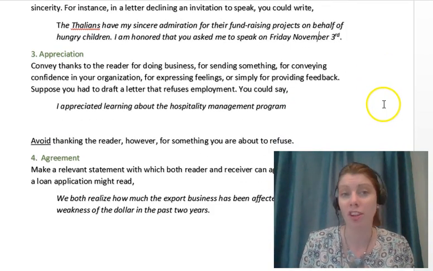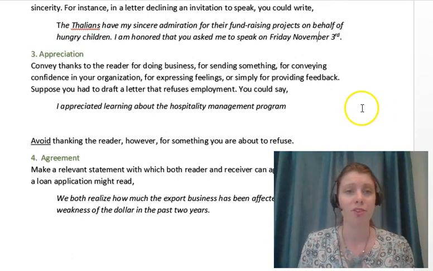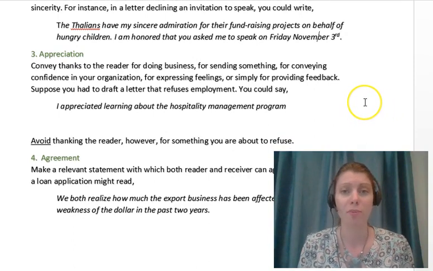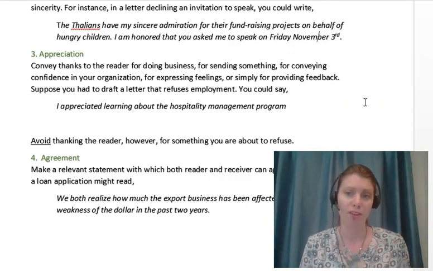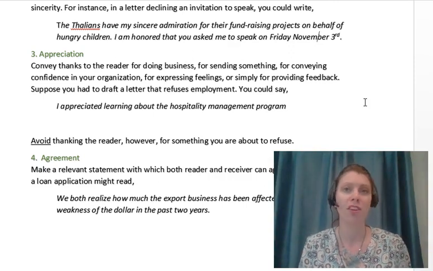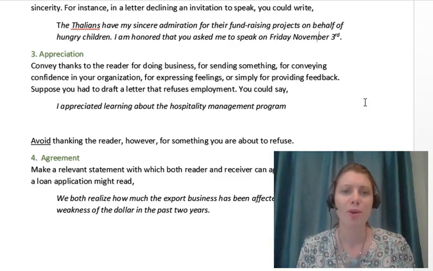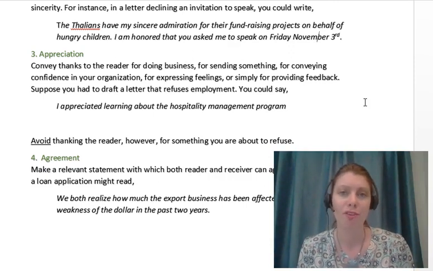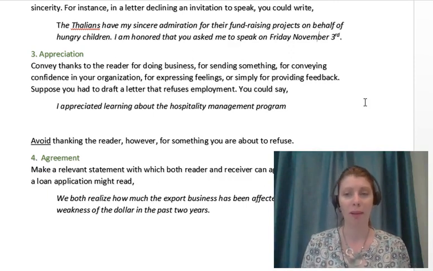Okay, showing appreciation is also a great way to start. So you can convey thanks to the reader for doing business with you, for sending you something, or conveying confidence in your organization. Maybe they expressed some feelings or provided feedback for you. These are all good things. So focus on that. Appreciate. Suppose you had to draft a letter that refuses their employment, though, because they've applied.